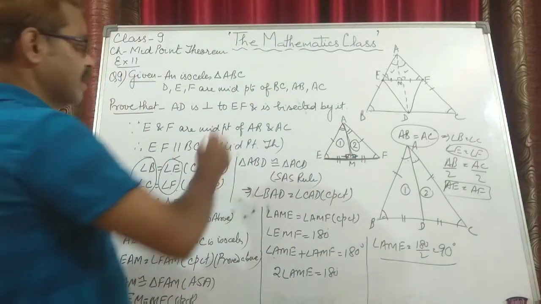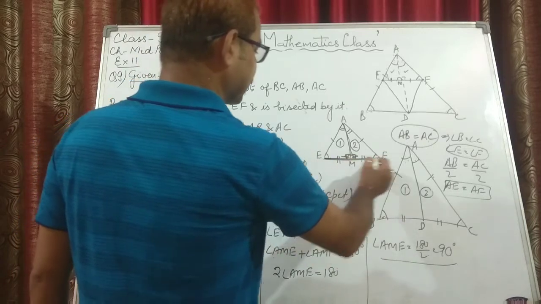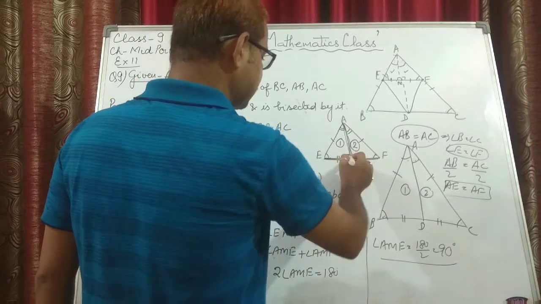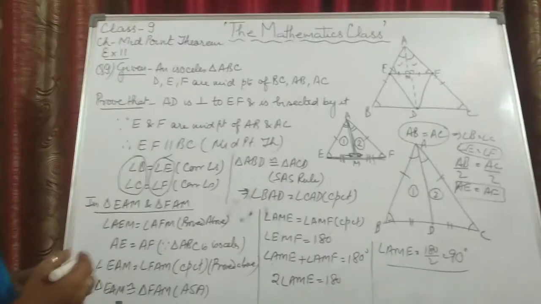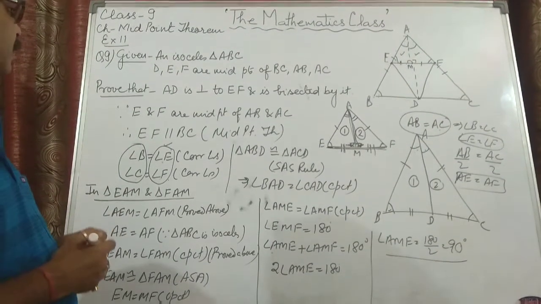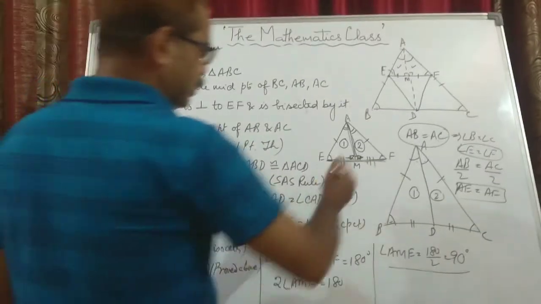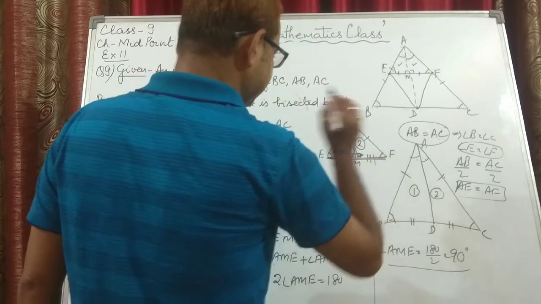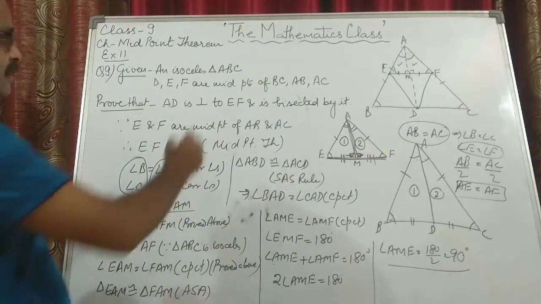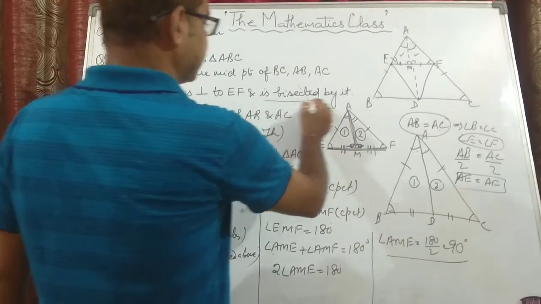Second point, that AM is bisected by EF. So this is bisected by E and F. Okay. Now we have proved that AM bisects EF, but one thing is left, that AD is bisected by it.